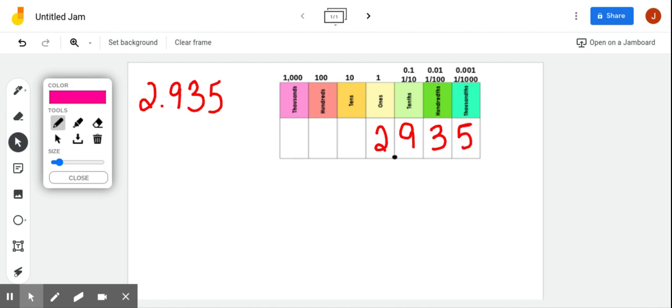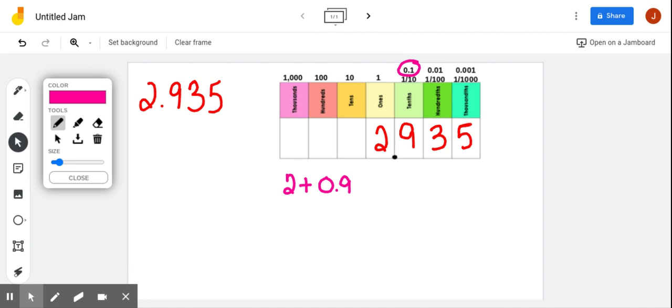So starting off the first way, I'm just going to add all of the digits in decimal form. I have a 2 in my ones place, so that's worth 2, plus a 9 in my tenths place, so that's 9 tenths. And again, I'm just using this little clue up here, replacing that 1 with a 9 because I have 9 of them.